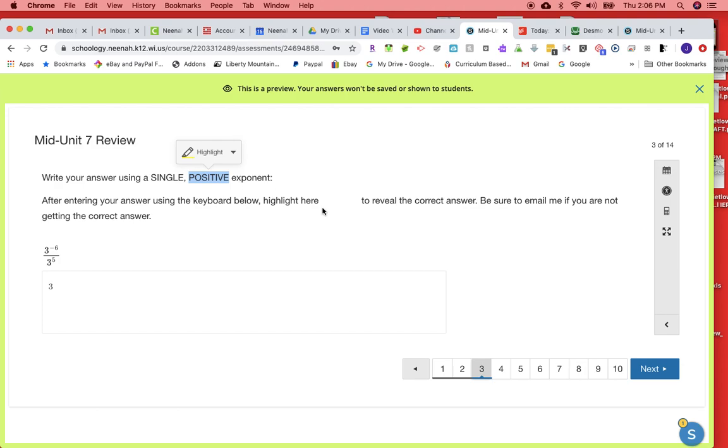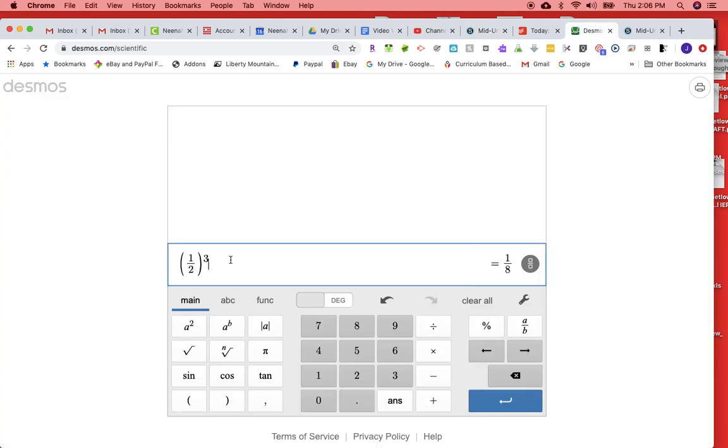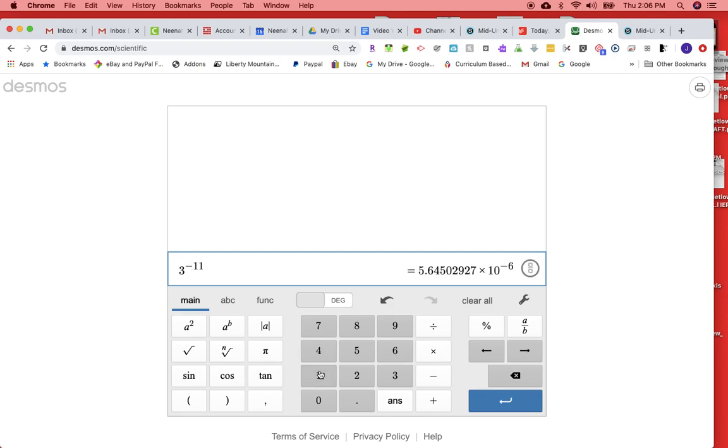So how we would write that, if I did this in Desmos so you can kind of see what I'm doing here. So we have 3 to the negative 11th. There's our answer right now. Disregard this. We're only looking at this. I need to make this into a positive. So in order to make this a positive, I need to take the reciprocal.